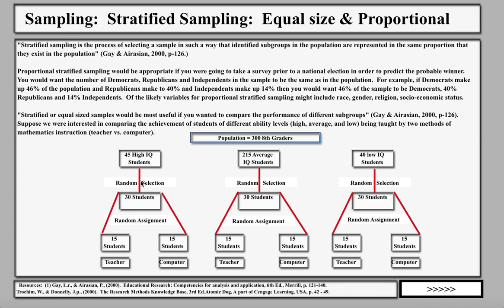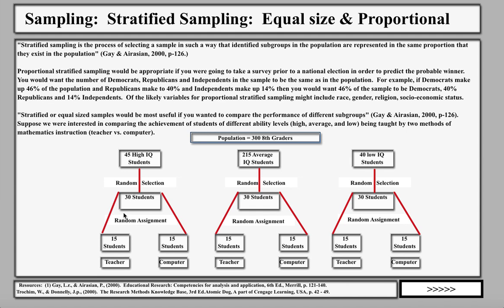Now, we randomly select from the 45 high IQ students 30 students. We randomly select from the 215 average IQ students 30 students, and we randomly select from the 40 low IQ students 30 students.